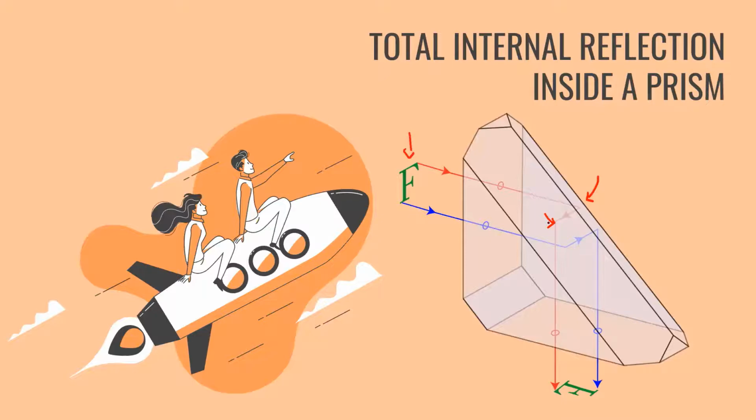And in this case, we can see that the image coming out from the prism is inverted relative to the object coming inside the prism.